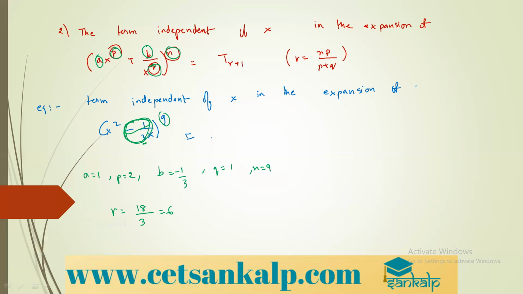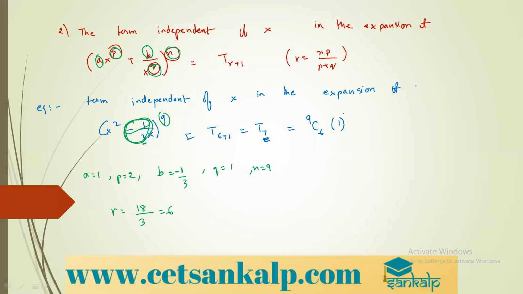Once I get r as 6, now I can find the term independent of x. That will be T_(r+1), T_(6+1), T_7. How to get T_7? First the power n is 9. C, r will be 6 because this is 7, r will be 6. Then what will be the power of x square? Actually, power of x square I need not take. I can take power of 1 because I want it independent of x.